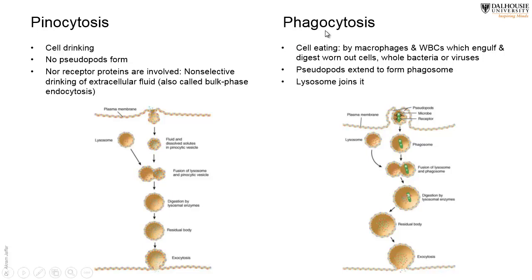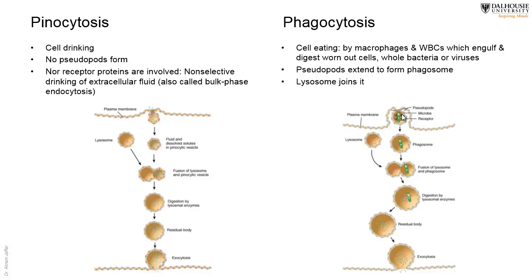The other type is phagocytosis. In phagocytosis, there is a receptor which attaches to, for example, bacteria or a virus. So there is a receptor protein attaching the ligand. It could be a cell sometimes, like a worn out cell, for example a worn out RBC, and these are going to be taken into the cell.